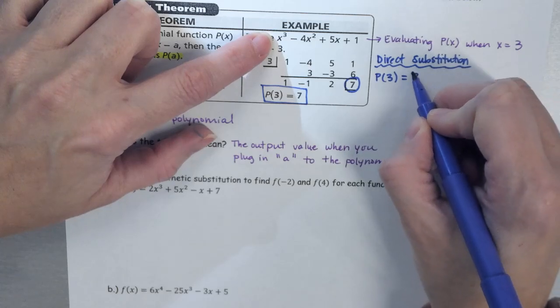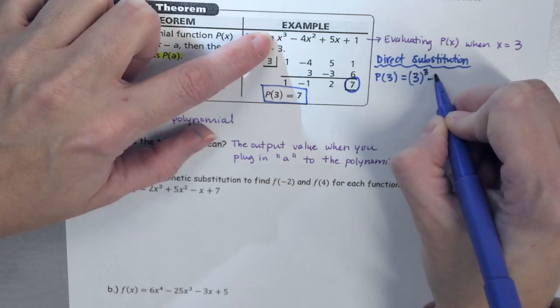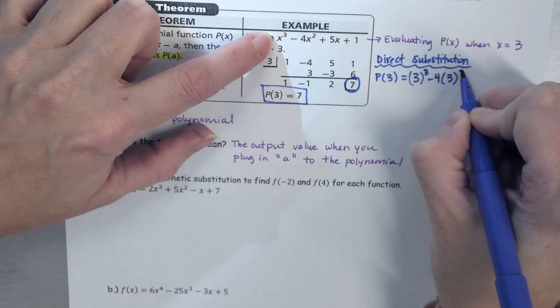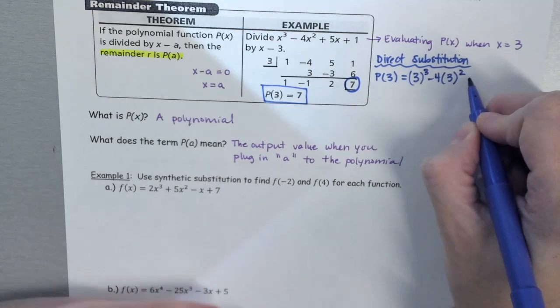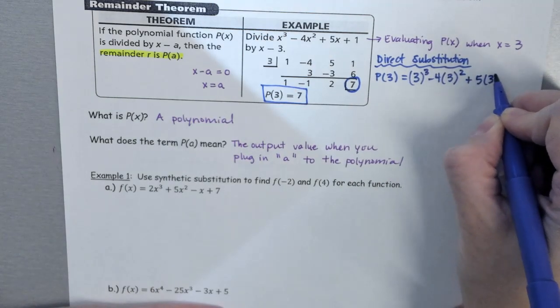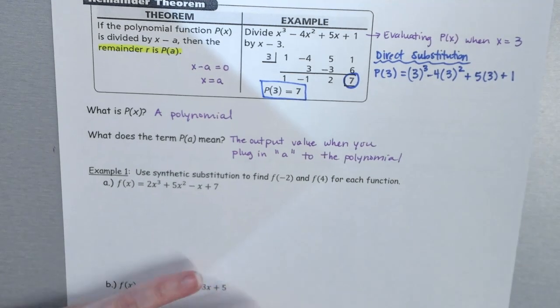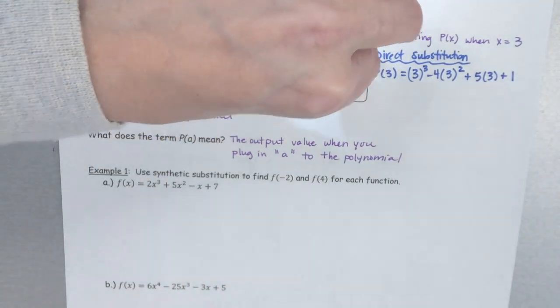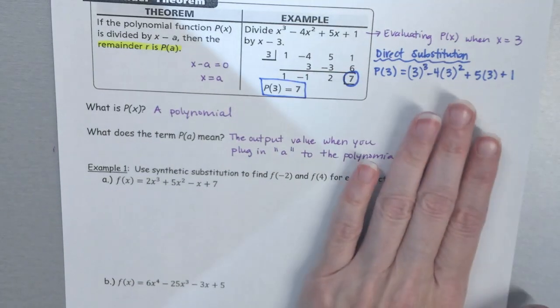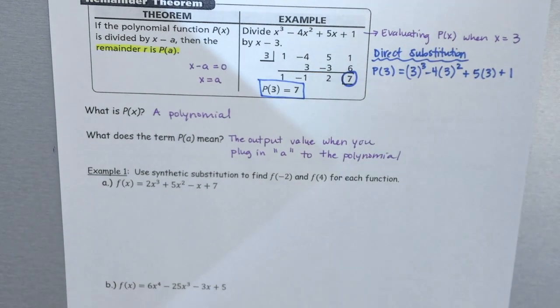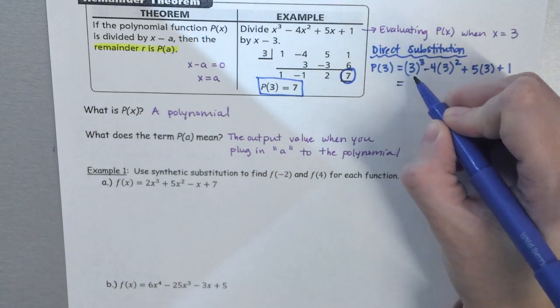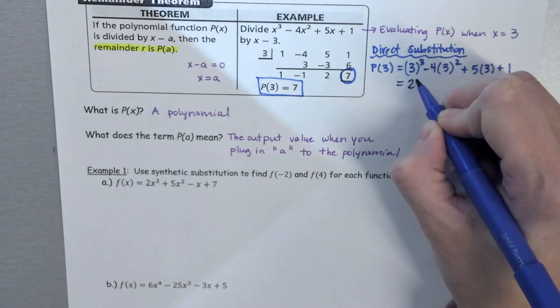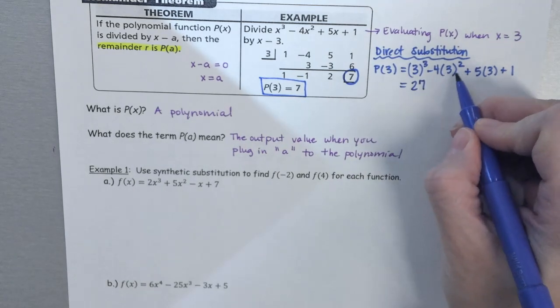So this is x cubed, so we're going to do 3 cubed minus 4 times 3 squared plus 5 times 3 plus 1. Okay, so you can either use synthetic substitution, which is what we're going to learn how to do today, and another way you could find this is by direct substitution. So 3 cubed is 27. Follow your order of operations.